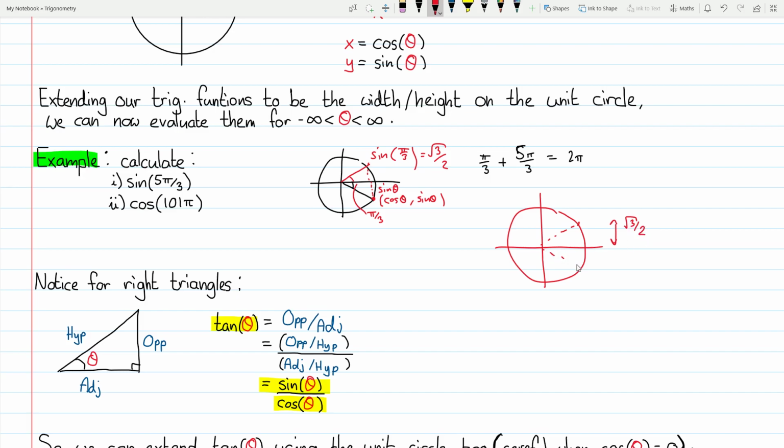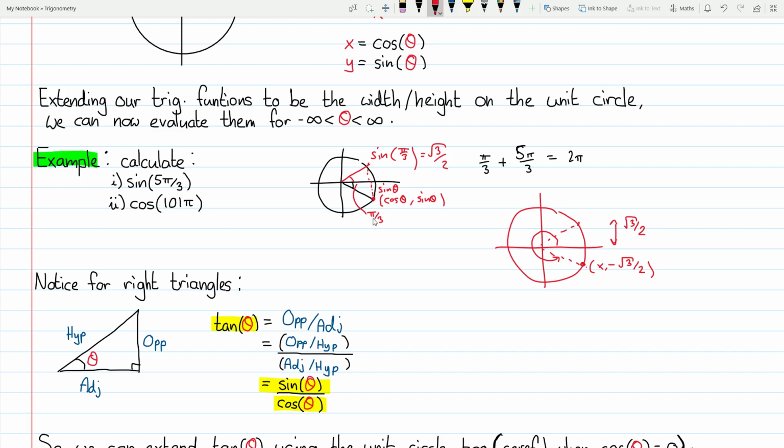But we want to find what the sine function is for this whole rotation up to this point. Well, we don't know what the width is yet, but we know that the height here is going to be negative, because the height here is just the height of this triangle.